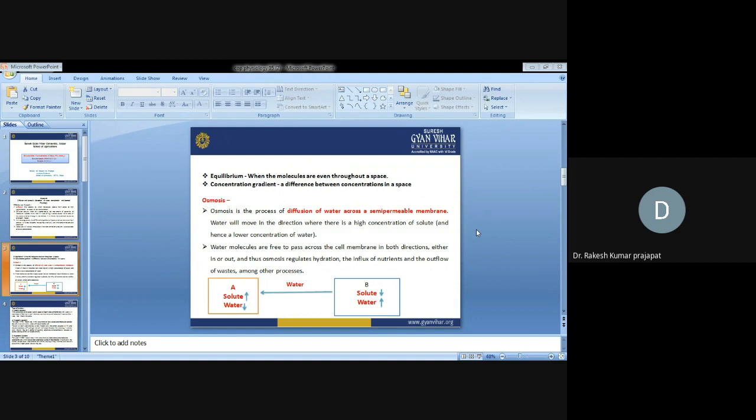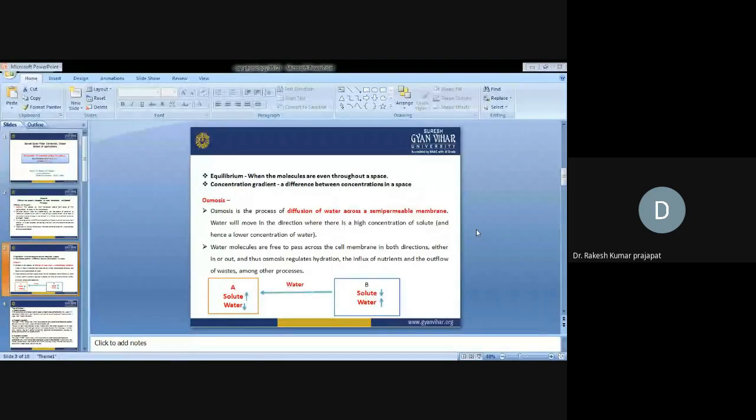Osmosis. Osmosis is the process of diffusion of water. Molecules are free to pass across the cell membrane in both directions, either in or out.